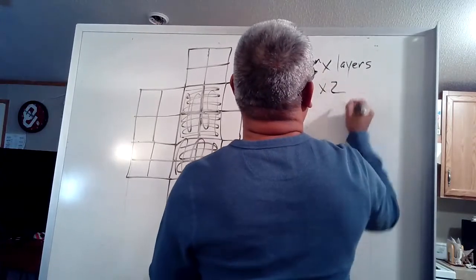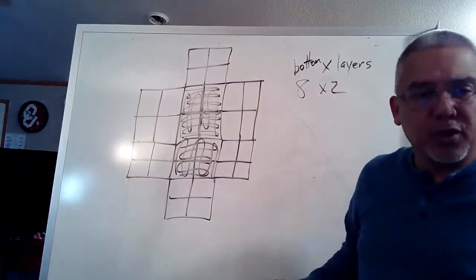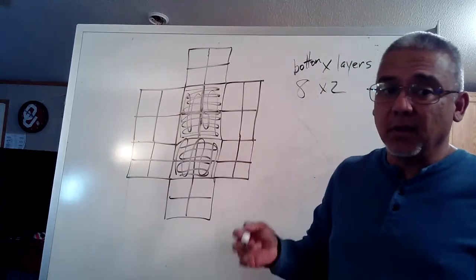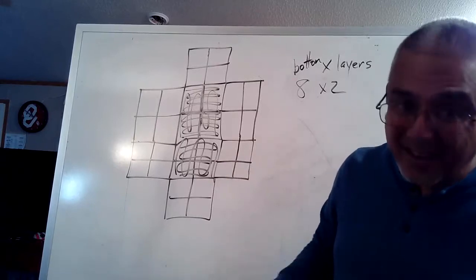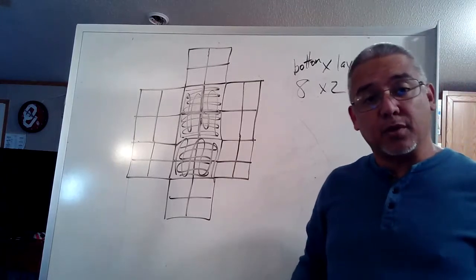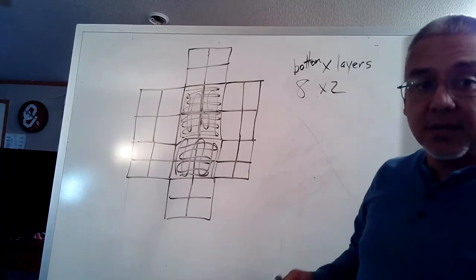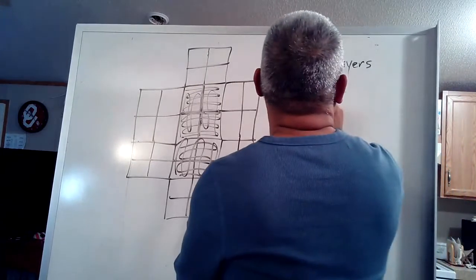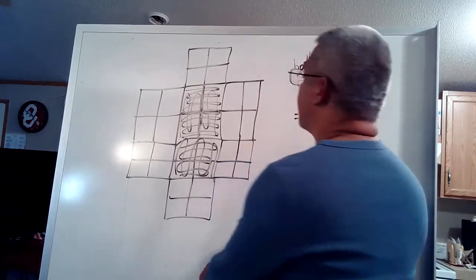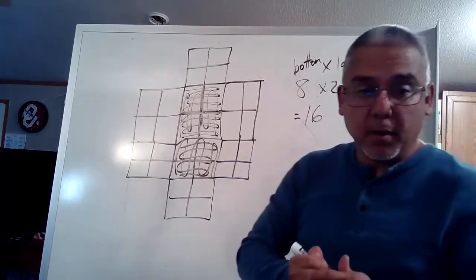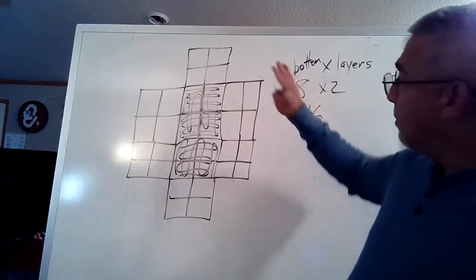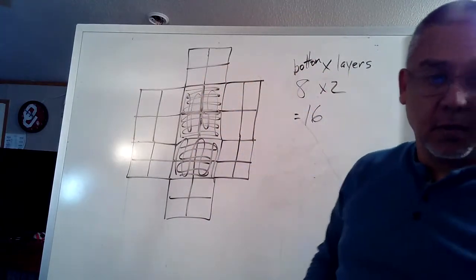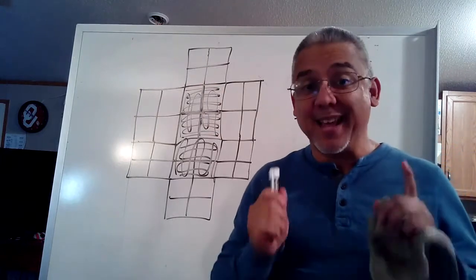What is 8 times 2? Well, if you're still thinking like 3rd and 4th grade, it's 8 plus 8, or you can say 8 times 2 is 16. Either way, 16. Awesome. Now remember, bottom part times layers. Yes, it's that easy.